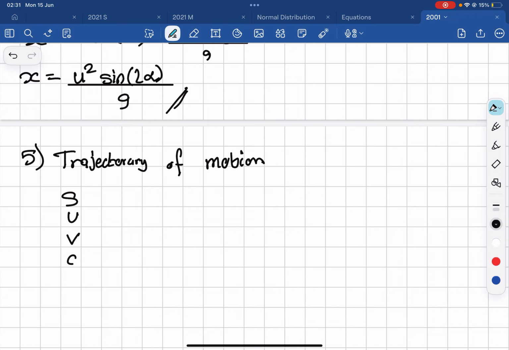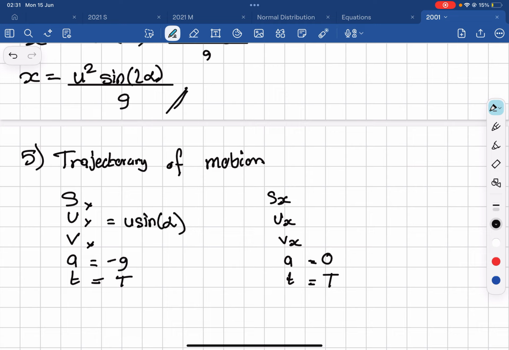S, u, v, a, t: for y, a is minus g, let's call this t, and then for x, a is 0 and t. We know what the initial speeds are, so u sine alpha and u cos alpha. And we're trying to find this and this. Let's call this y and x.